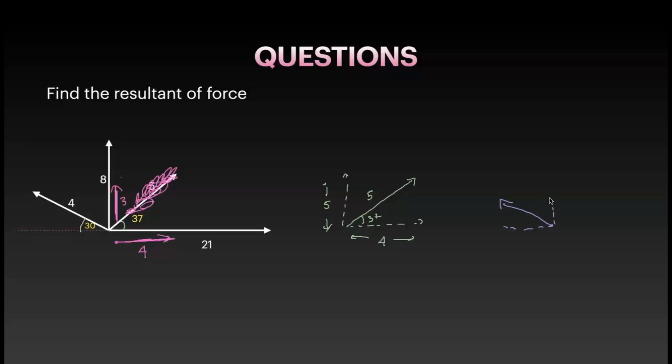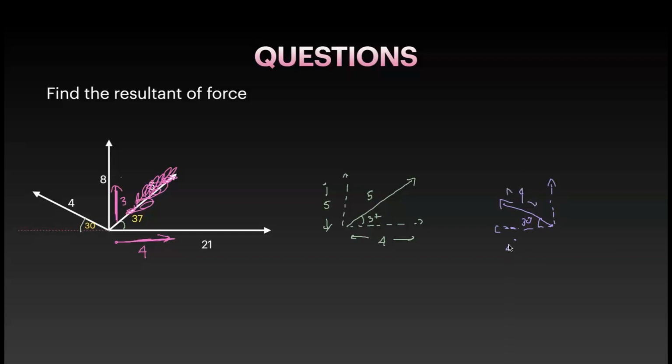Write the horizontal and vertical components. This is what? 30 degrees. Okay. Now, this is what? 4 units. The magnitude is 4 units.